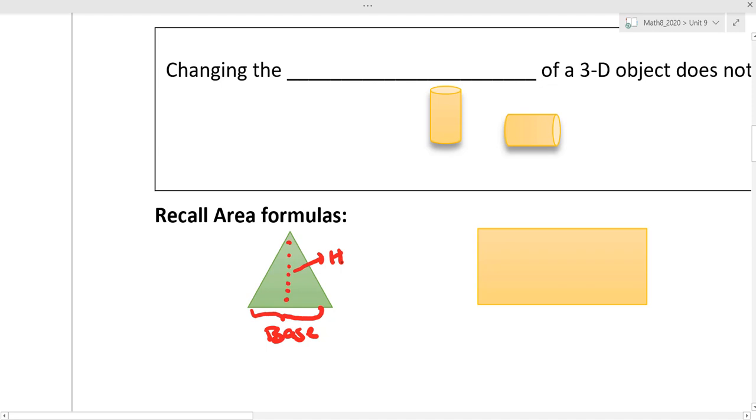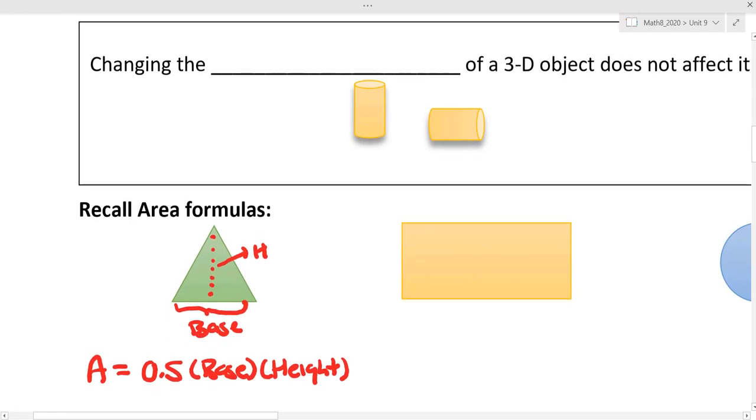So this is where you need to be careful. This height is not the height of the prism, it's just the height of the rectangle. So if you're trying to calculate the area of the rectangle, make sure you're using the right height. And there, we use the same word twice in the same shape, so that's not nice.